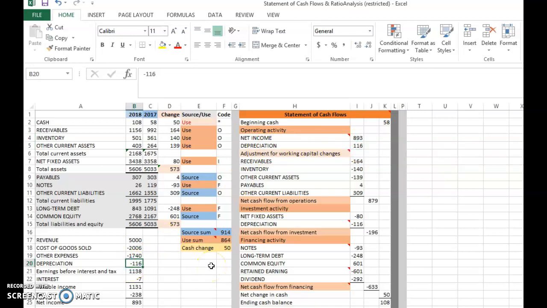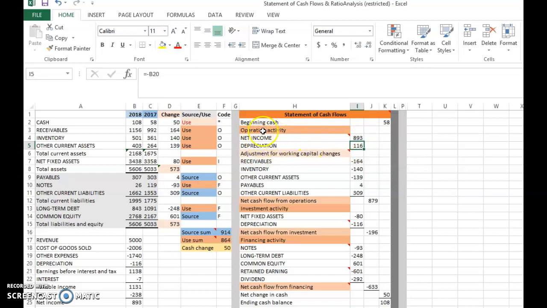You take it from here because depreciation was already deducted in order to compute the net income, and this depreciation is not a cash outflow. You add this back to net income in order to get the cash-flow-based net income, not the accounting-based net income. So we add this back, 116, not minus, add: 893 plus 116.